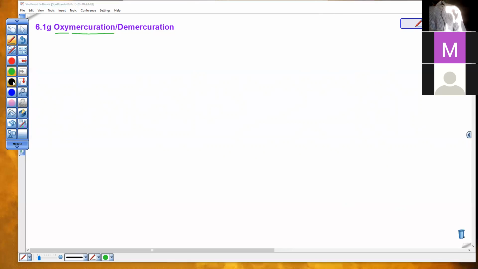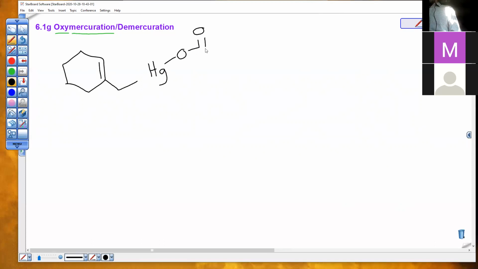So let's go back to our slight variation. And the chemicals we're going to use here: mercury bonded to acetate twice.